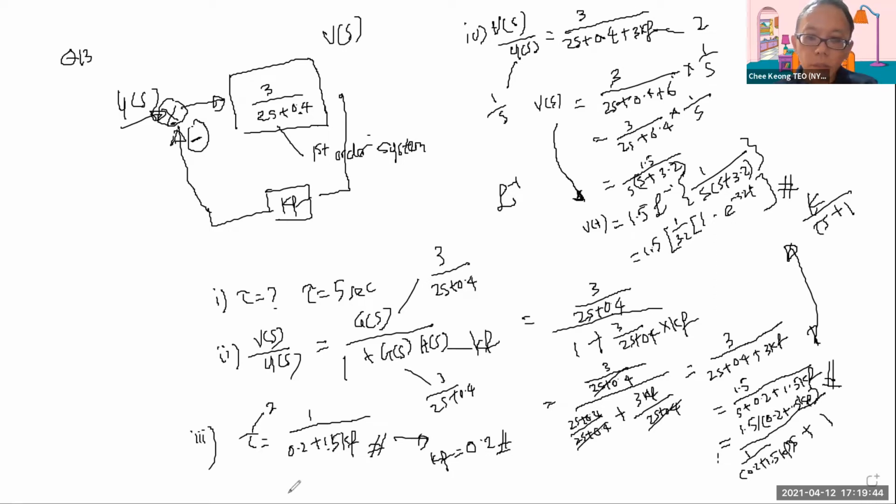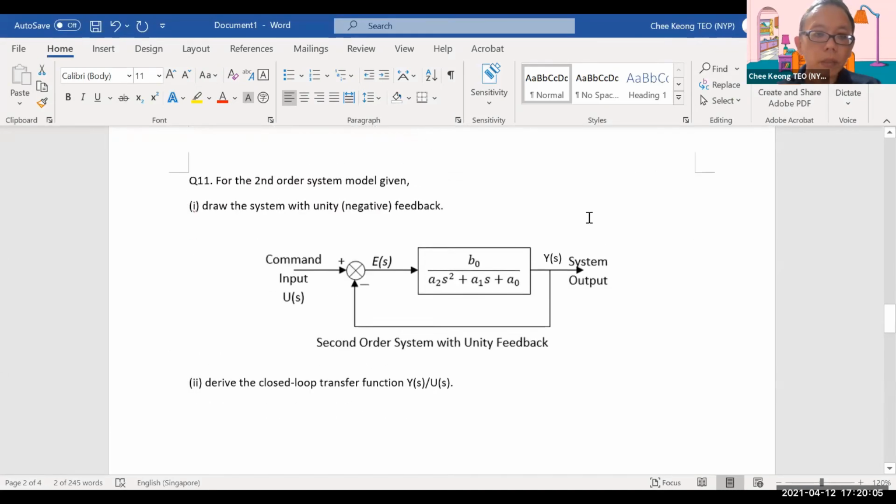With that, we have some more questions that we are going to discuss. Let me share the question again. The next question is how to solve this in terms of making it into a closed loop transfer function, meaning Y(s) over U(s).